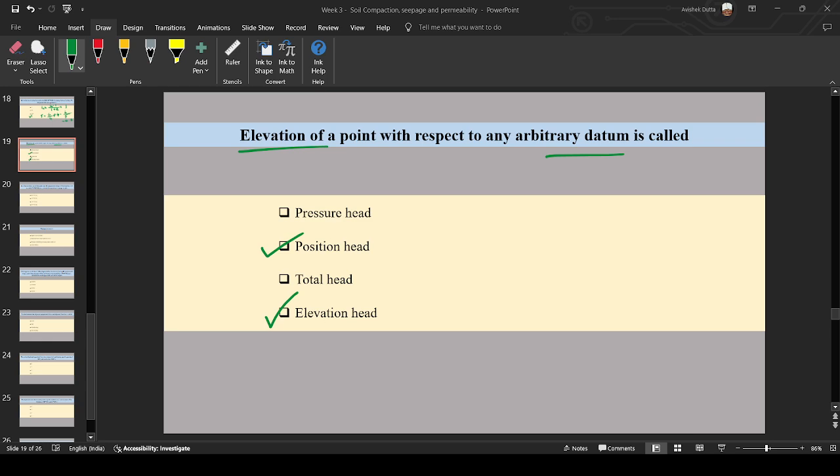So from this we can find the hydraulic head H equals IC into L, critical hydraulic gradient into the thickness of the stratum. So 2 into 1, that is 2. Hydraulic head is 2, and the unit is meter. 2 meter.